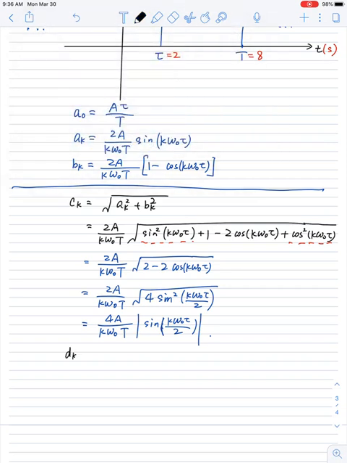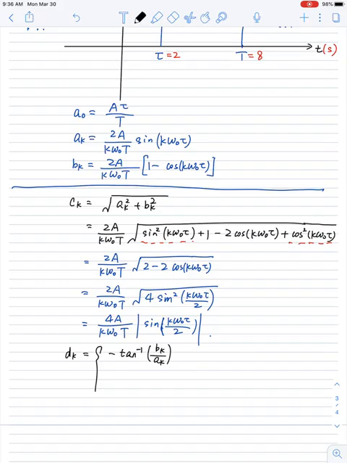Now for dk, we can calculate the dk as 2 cases. So in the first case, it's equal to minus arctangent bk divided by ak.